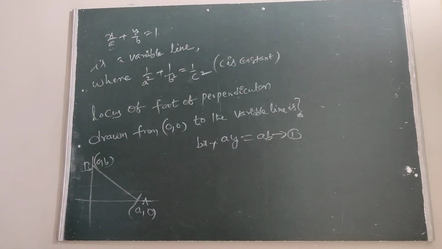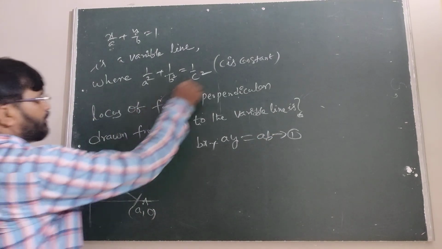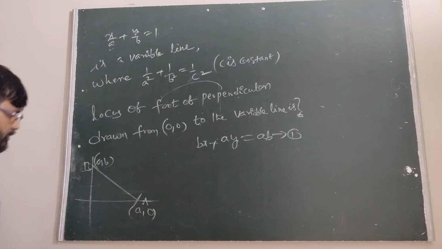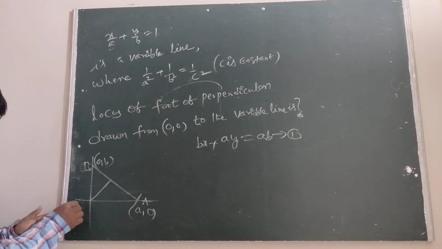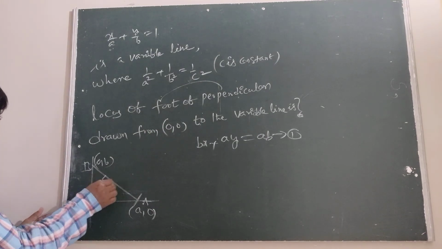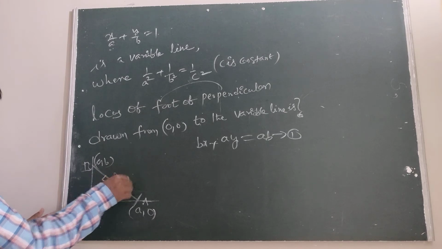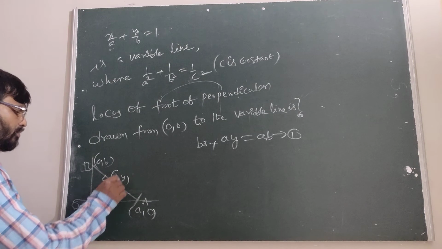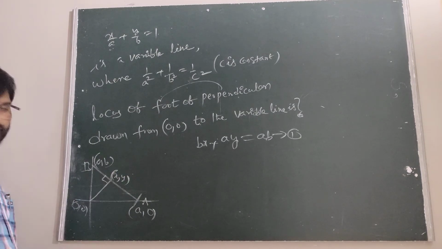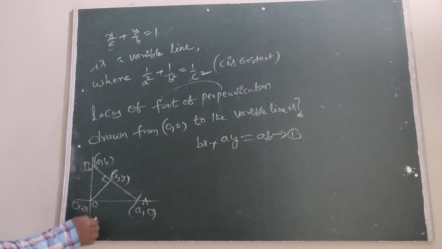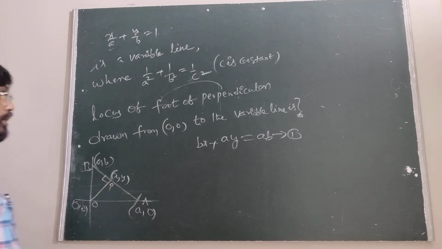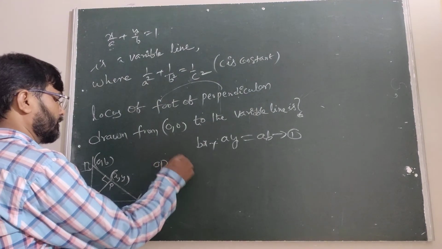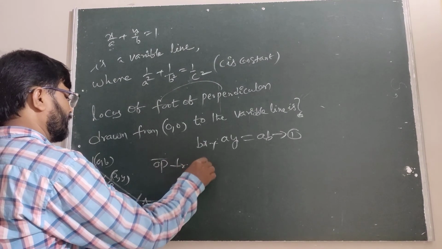Now the locus of the foot of the perpendicular drawn from the origin to the variable line. Here the foot is taken as x1, y1, or x comma y. This is the foot. Therefore, this is O and this is P. We can write OP is perpendicular to AB.